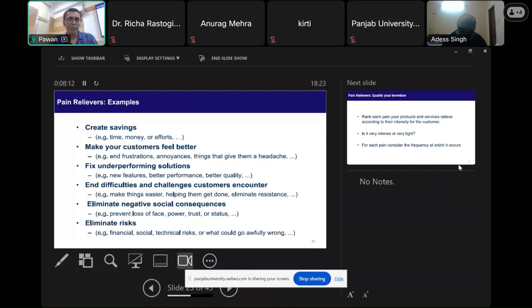Or it could be you are ending some difficulties for customers. You are making something easier. For example, Make My Trip. What does it do? It makes it easier for you to book tickets, right? IRCTC app. Earlier we used to go to the station and book tickets. Now you could do it at your home. So what is the value proposition of IRCTC?